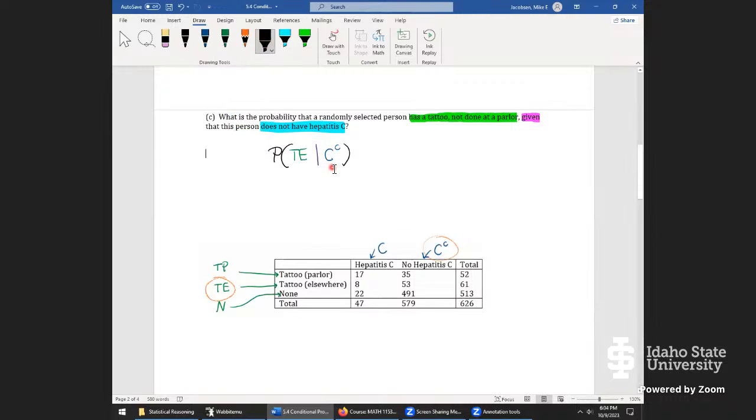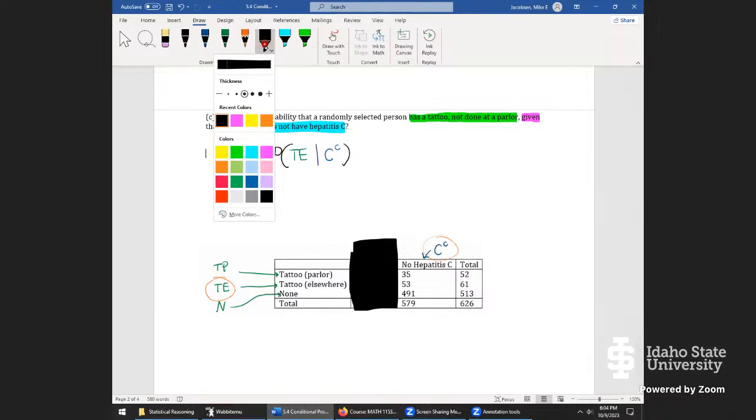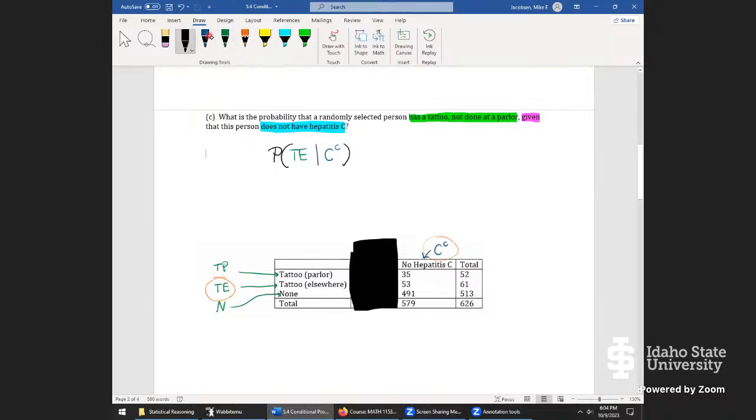Now, it's all about that given information. You always want to focus on what is given, or the second position, right where the red dot is, inside that probability statement. When it says given C complement, it means effectively all this stuff has no bearing whatsoever on what we're about to do, so we just completely delete it. Does that make sense to folks? Okay, so now we're just talking about people without hepatitis C. That means our denominator is going to involve the 579 participants.